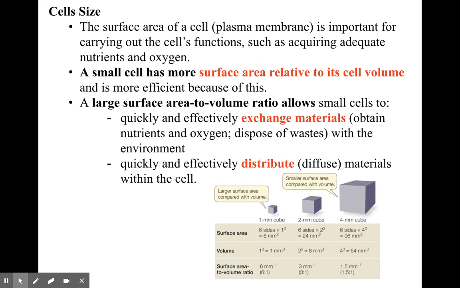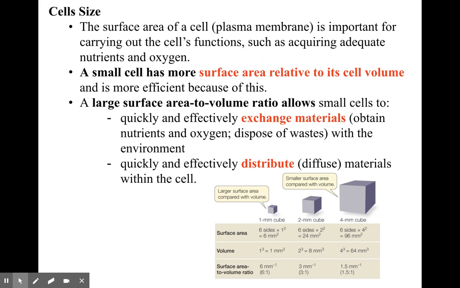The surface area of a cell is important for carrying out all the cell functions and acquiring nutrients and oxygen. A small cell has more surface area relative to its cell volume, and therefore it's more efficient. That just means everything's going to be faster.